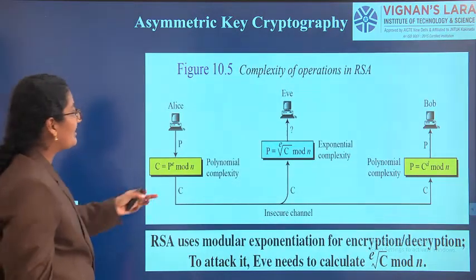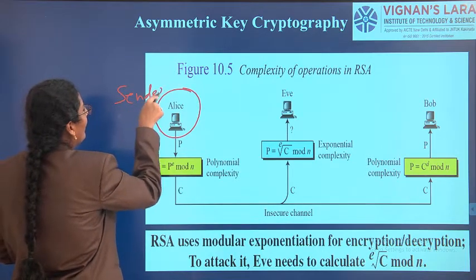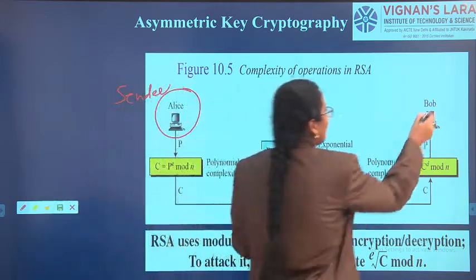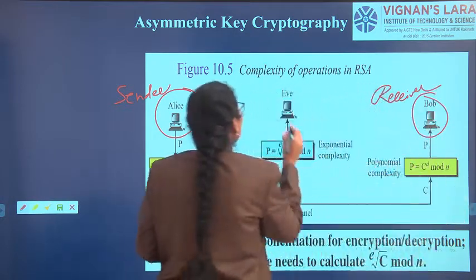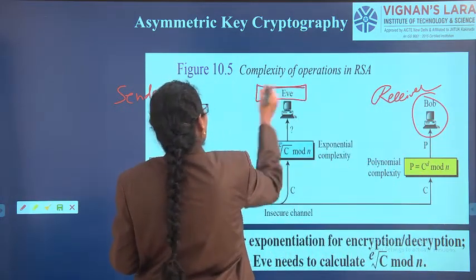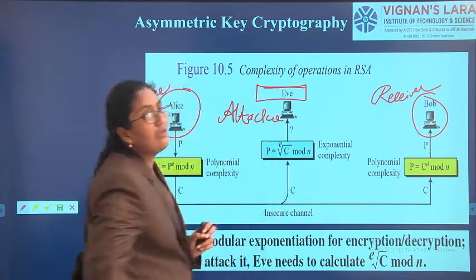Here we have another character. Till now we know there is a sender, obviously Alice, and a receiver, obviously Bob. But here we have a new character, Eve. Eve is nothing but the attacker. Now he came into the picture.